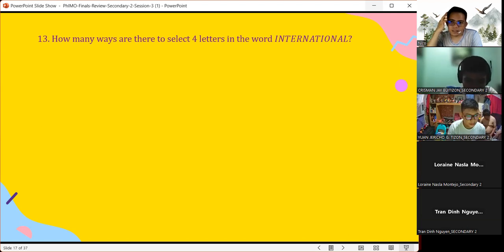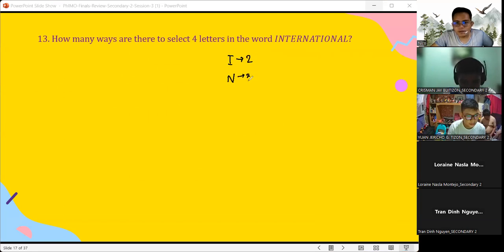But then, if you notice, there are repeating letters, no? So let's say, for example, the I, there are two of them. The N, there are three of them. The T, there are two of them.